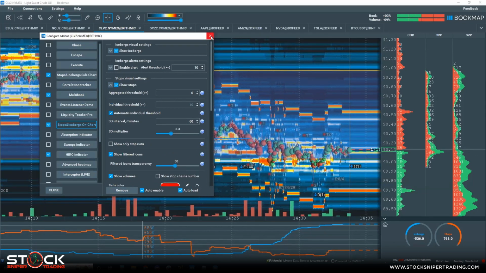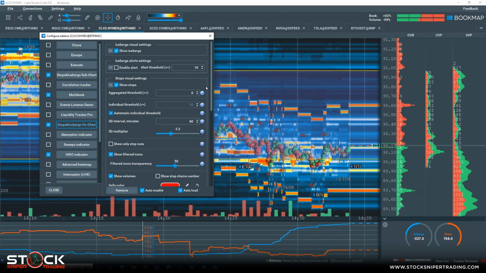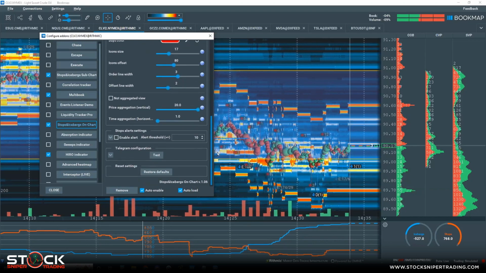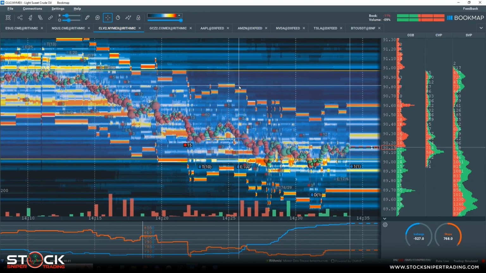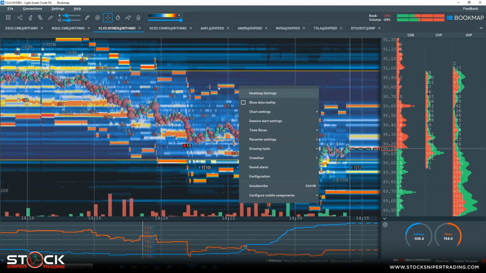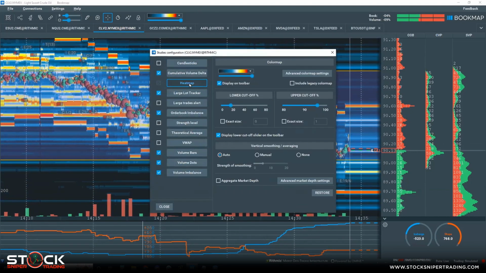Bruce, if you're ever playing around with all these, where's the default function? Just go back to default if you're playing around with all of this stuff. Most of it is down here, restore defaults. With the heat map settings, right click in here or go to the heat map settings up here, click on heat map, restore.